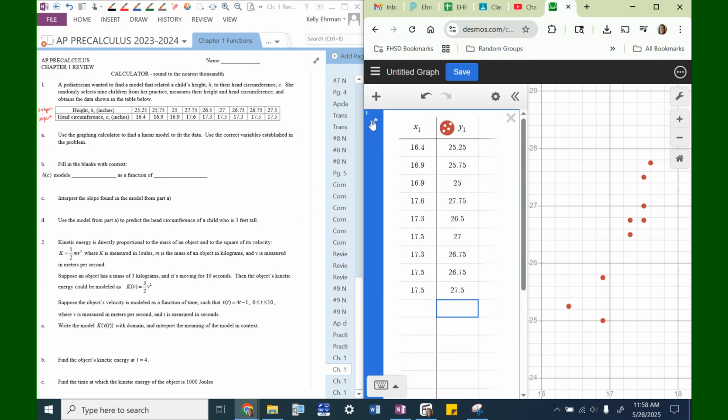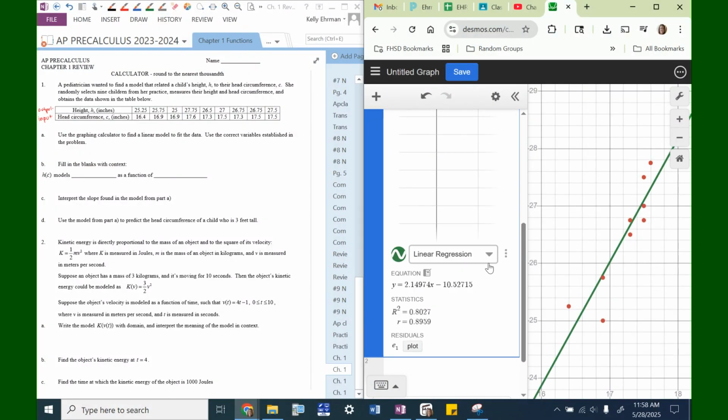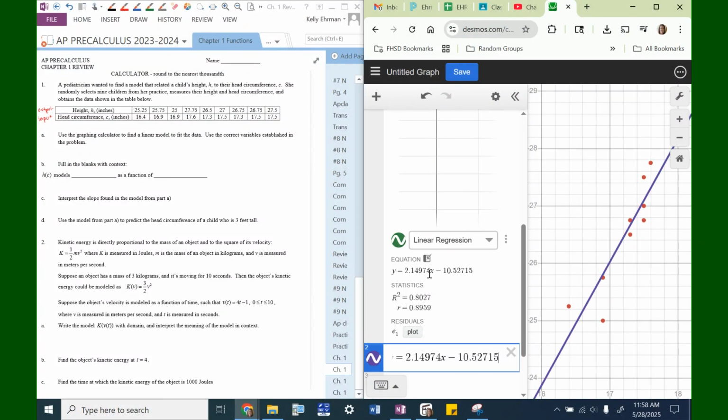We want a linear model, so we can click this and have it choose linear regression. And I like to click this. If I'm probably going to plug a number into it, I like to have that here. Just kind of put parentheses around my X just in preparation for that. Okay, so I'm going to write this equation down.